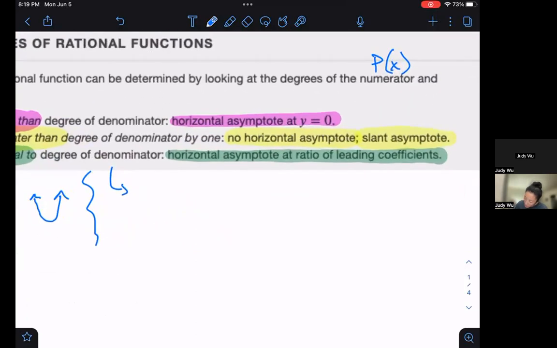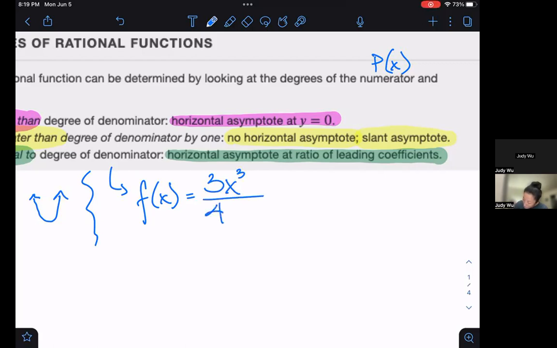Okay, so let's say that we had f of x equals 3x cubed over 4x cubed, right? This p of x is a degree 3 polynomial, and this q of x is a degree 3 polynomial, same degree.